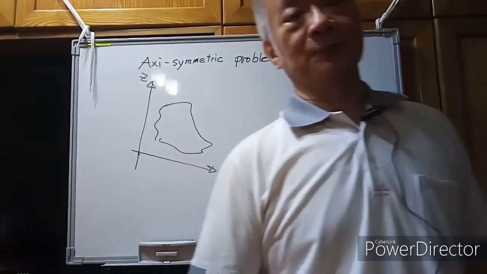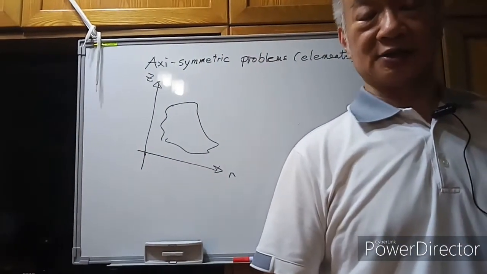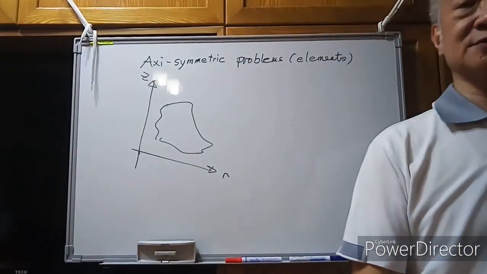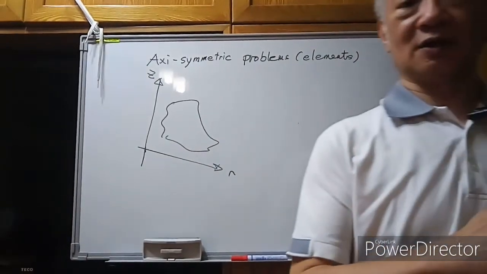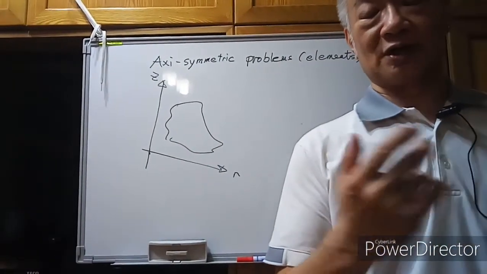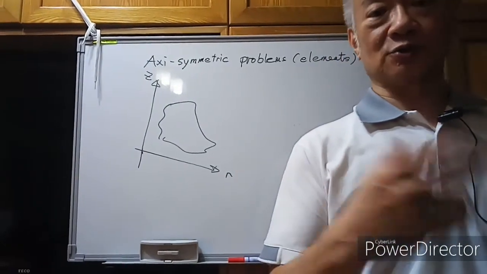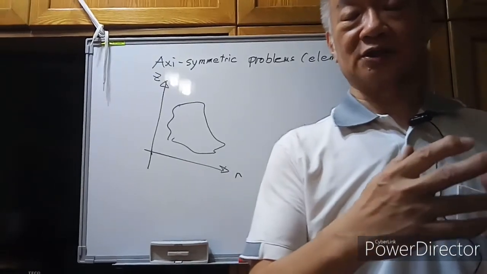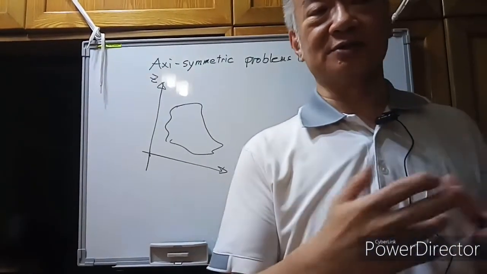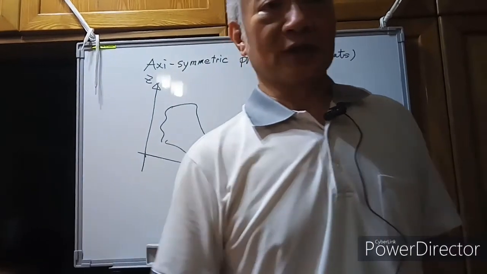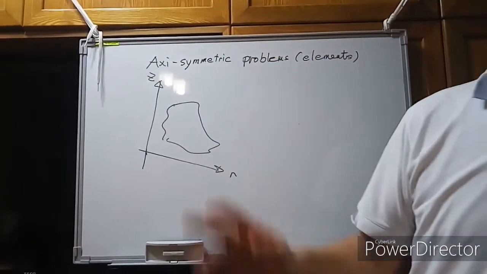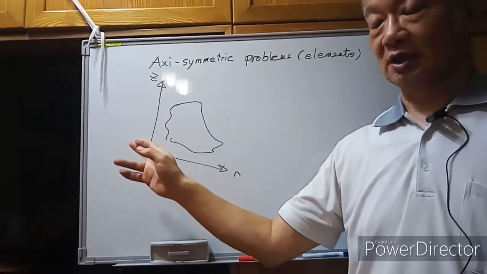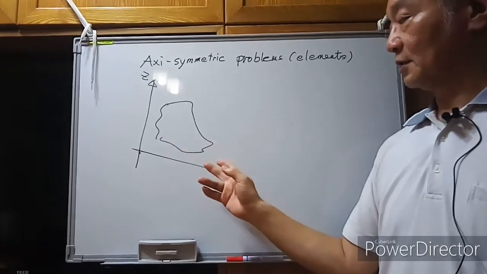So it means we can use two coordinates to describe the geometry, to describe the applied loadings, and also we can use only these two coordinates to describe the obtained displacement or anything. Okay, so for the axisymmetric problems, we use two coordinates.